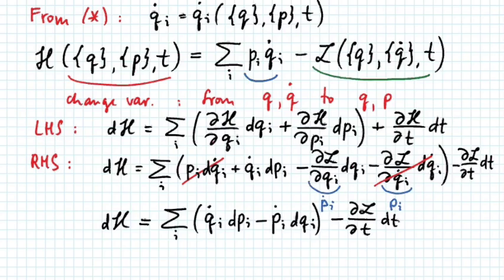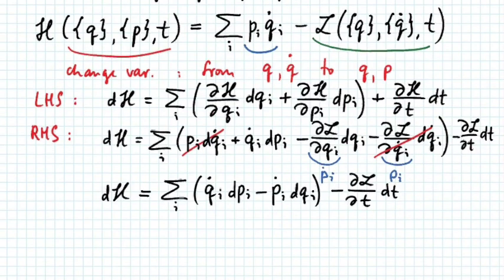So having right-hand side and left-hand side, we can now compare these two expressions. And we should note that in order for this to be equal, all of the prefactors in front of full differentials must be equal. So in other words, the term in front of dq sub I should be equal to this term here in front of dq sub I, and the term in front of dp sub I should be equal to this here.